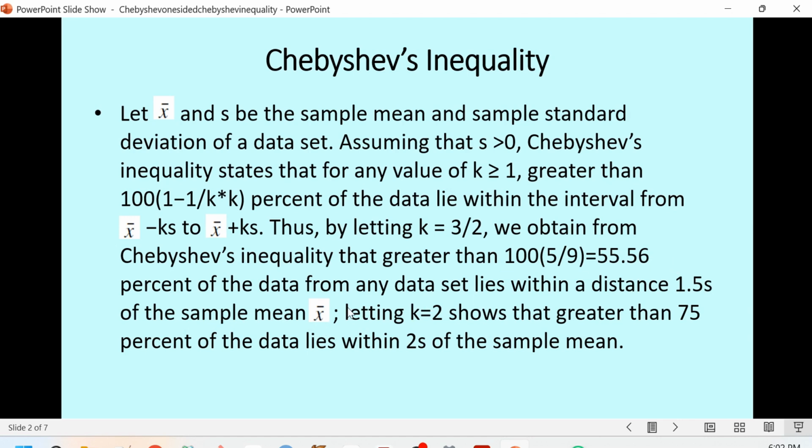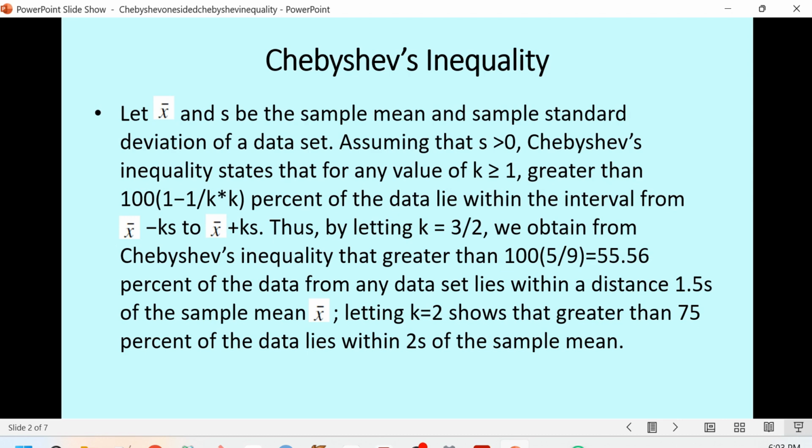So we can say x bar minus 1.5s and x bar plus 1.5s, this range contains at least 55.6% of the data. This is for any data, and we do not need to know what kind of distribution the data has. So this is a very conservative statement.